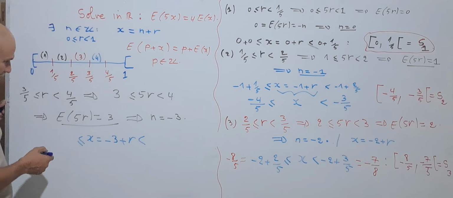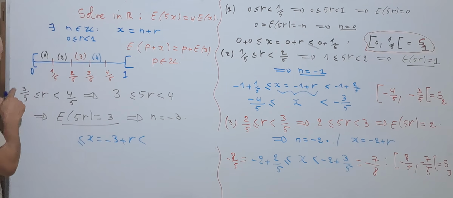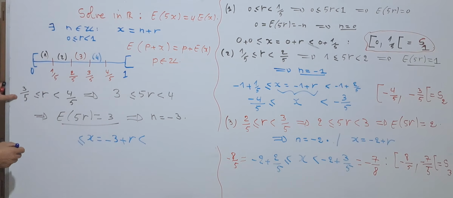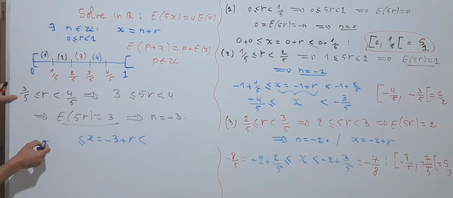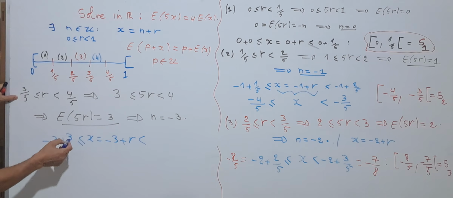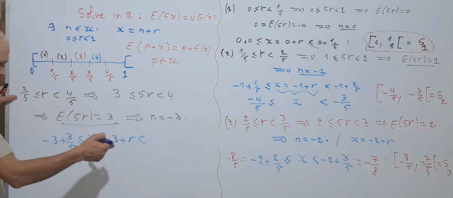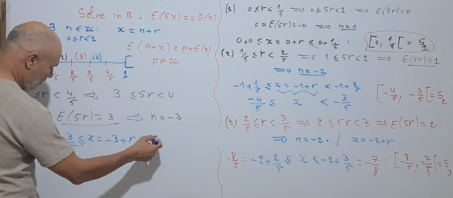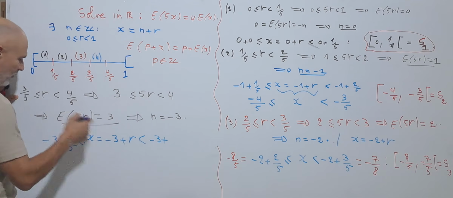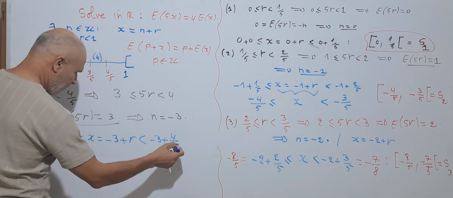R in this case is greater than or equal to 3 over 5, so this is minus 3 plus 3 over 5, and strictly less than minus 3 plus 4 over 5.